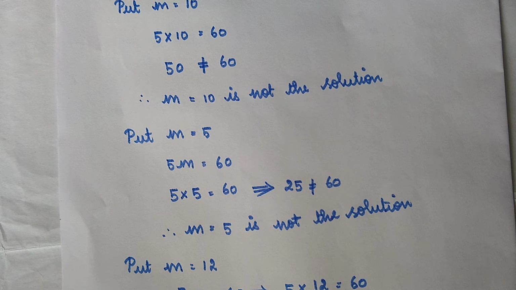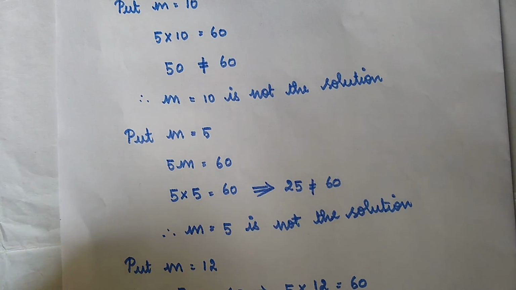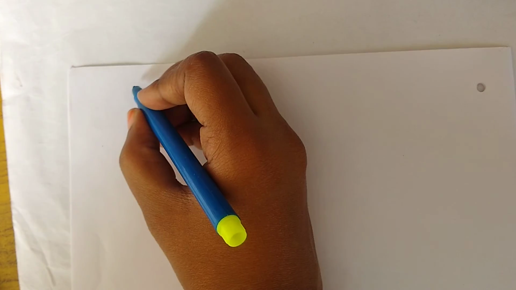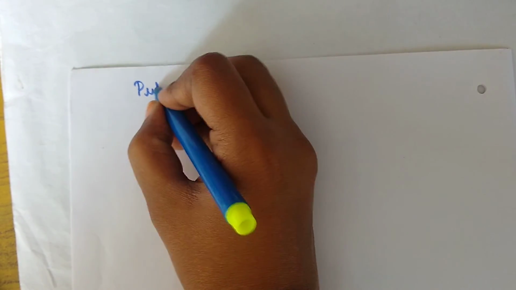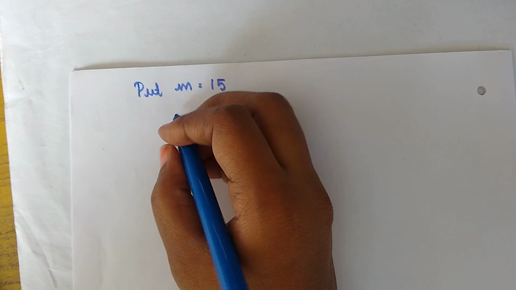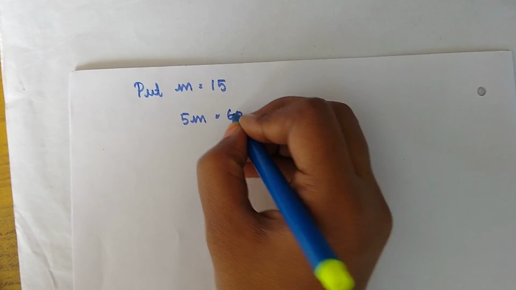Next we have to take the last number, that is 15. To take the last value, put m equal to 15. So we have to substitute this value in the given equation.